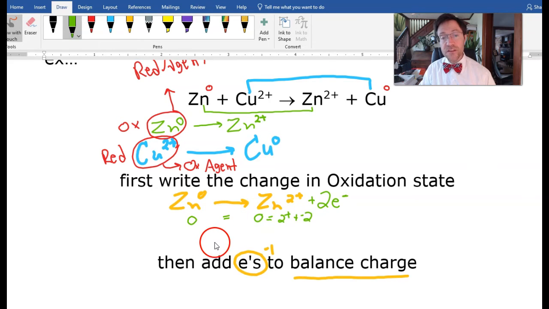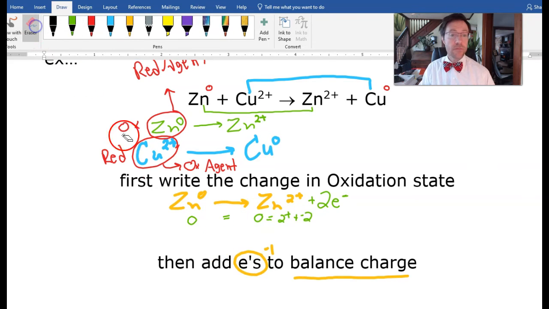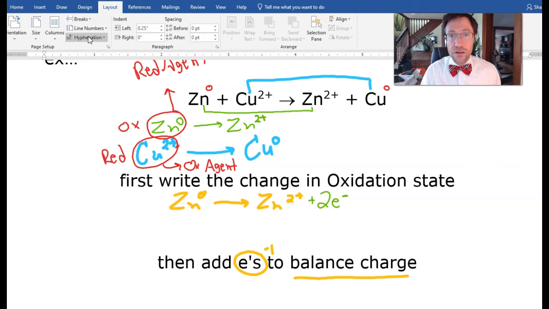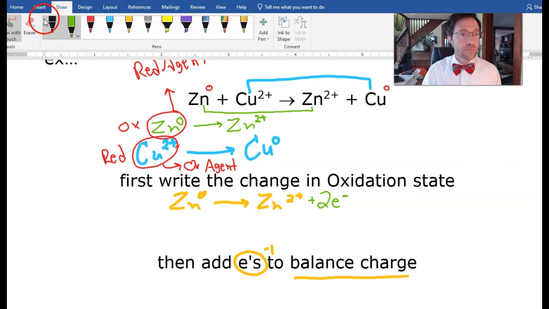Oh look, 0 equals 0. I'm right. I win, because I checked my work. You guys see how that works? We're adding electrons not necessarily to make it 0, but to make the charge equal from reactant to product. Got it? Great. Let's keep going.